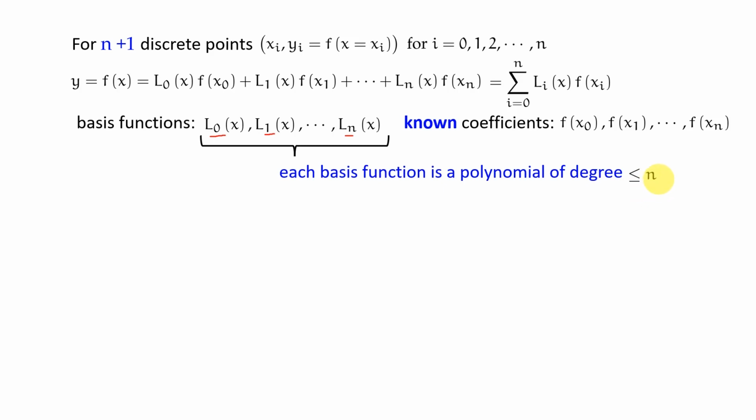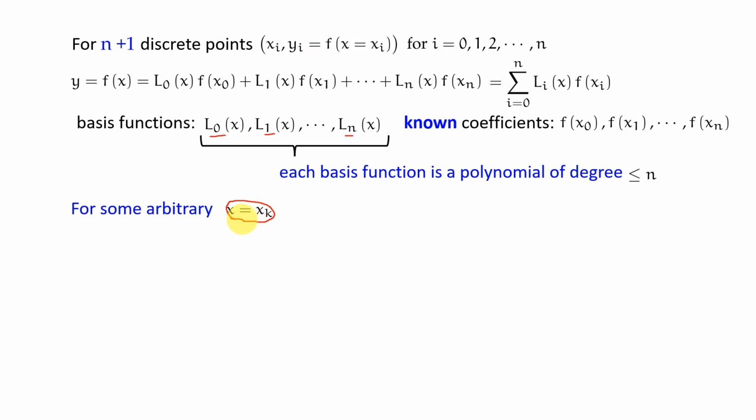Either they are up to n or they will be less than n. That is true for all sorts of interpolation, not only Lagrange. Now let's say that we select certain arbitrary x, that is xk. It could be one of these points xi, yi, but it is not necessary. It could be anything.